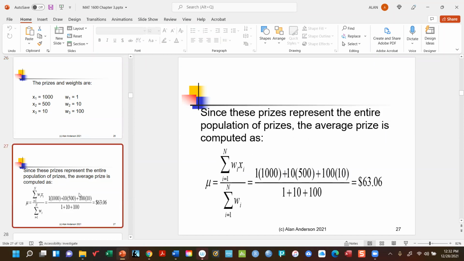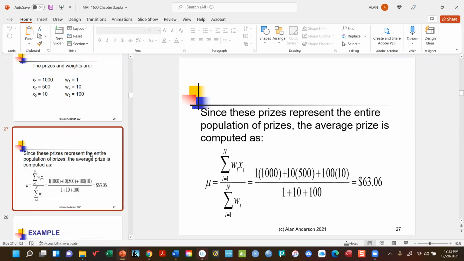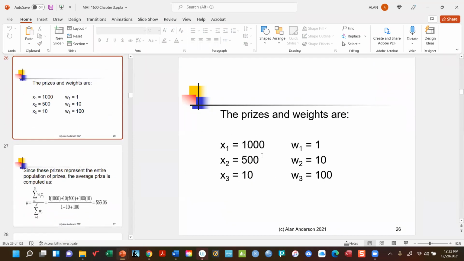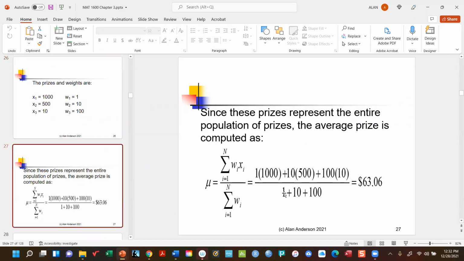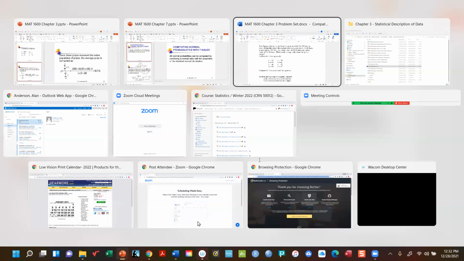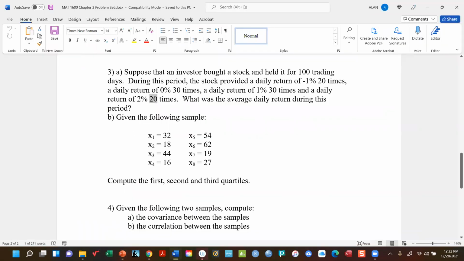And then you just plug them into this formula where you're multiplying in the numerator each weight by X, adding them up, and in the denominator you add up the weights, which in this case adds up to 100 because there's 100 observations.